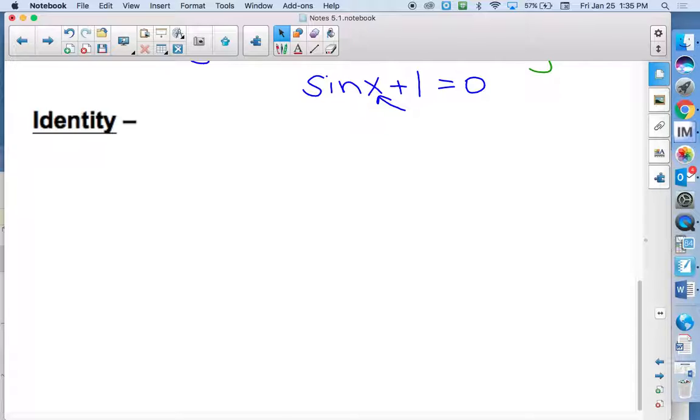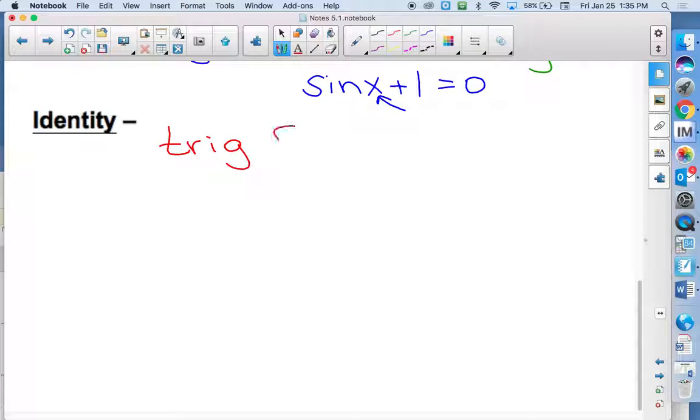And then the last thing is an identity, and that's just a trig fact. A fact is something that holds true for all values in the domain.